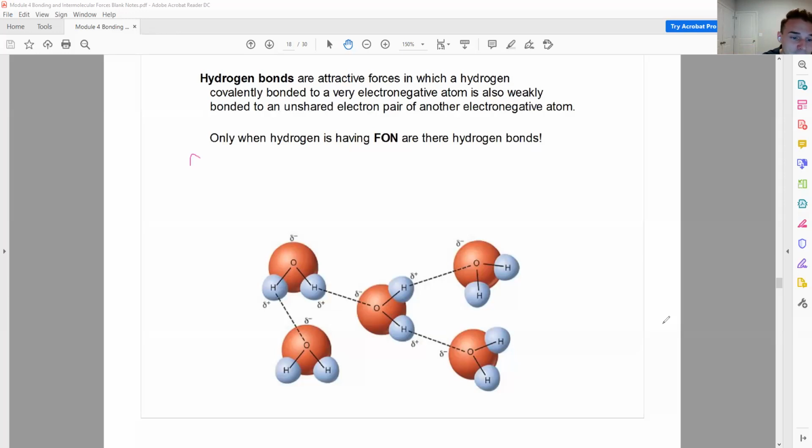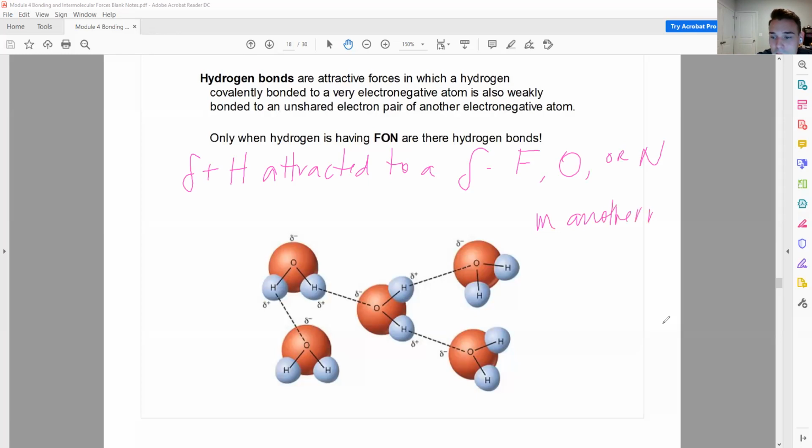So if a partially positive hydrogen is attracted to a partially negative fluorine, oxygen, or nitrogen in another molecule, you will have hydrogen bonding.